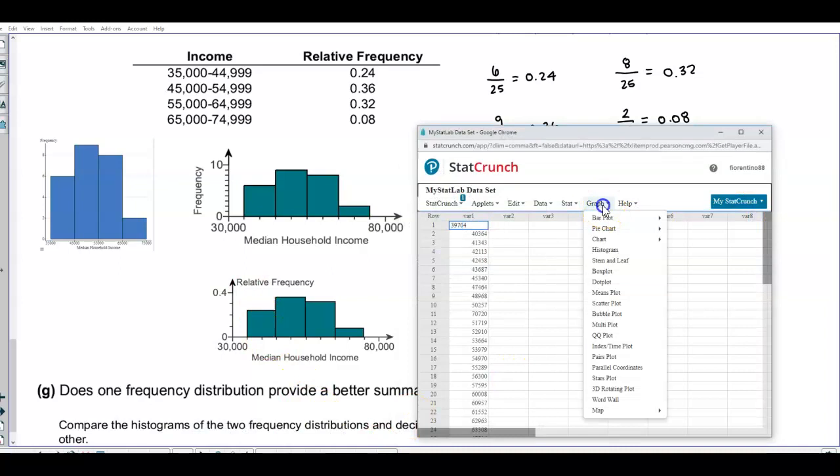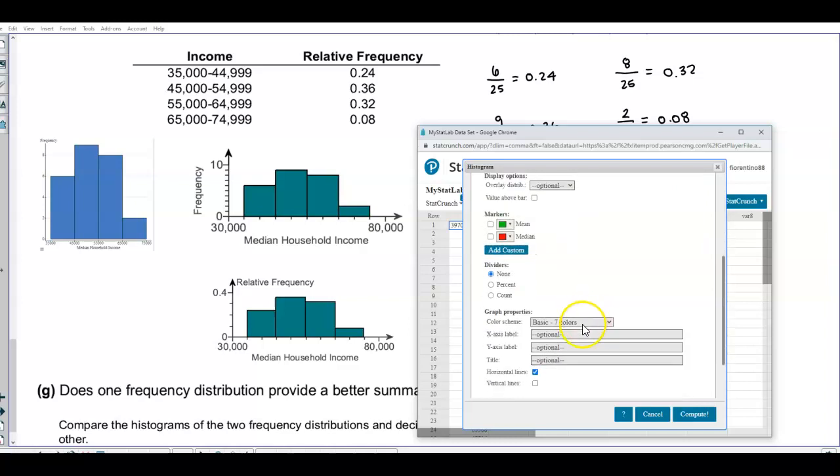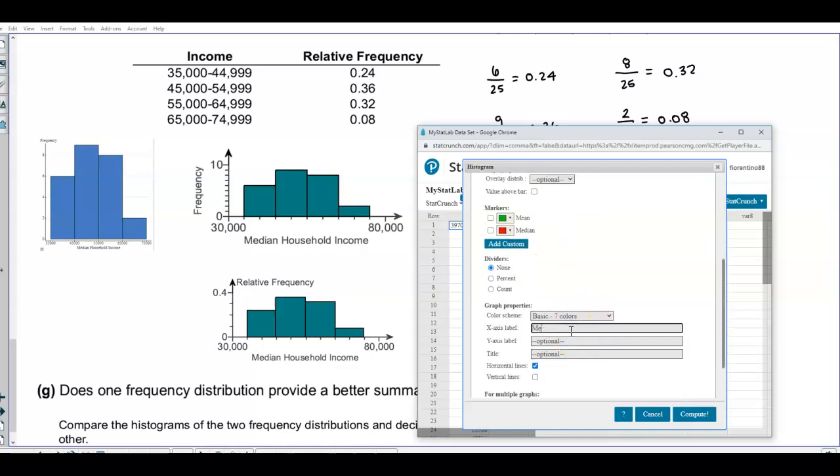So we're going to come back, go to graph, and then go to histogram again. We're going to select our column, and then we're going to do the relative frequency with, again, the starting point at 35,000 and our width at 10,000. And then we have our median household income.